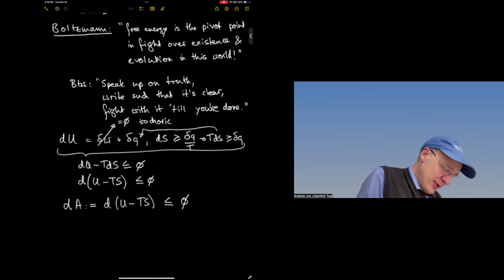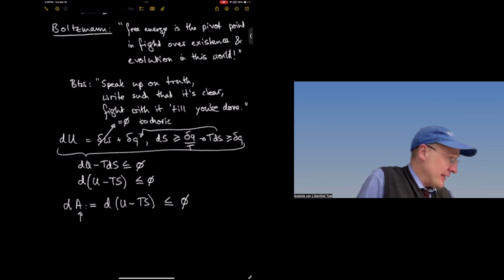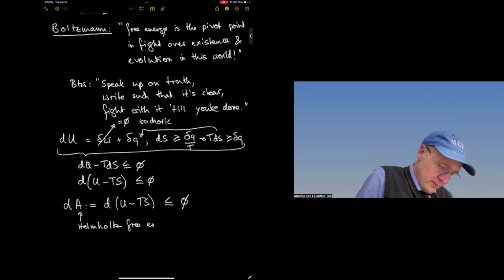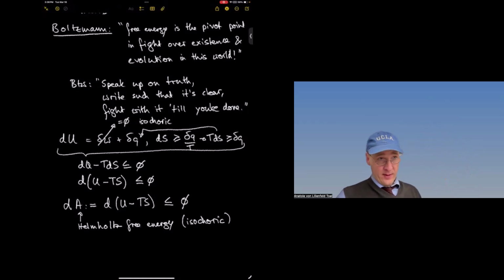So this is our definition, and this is our Helmholtz free energy. And remember, that's for the isochoric regime.